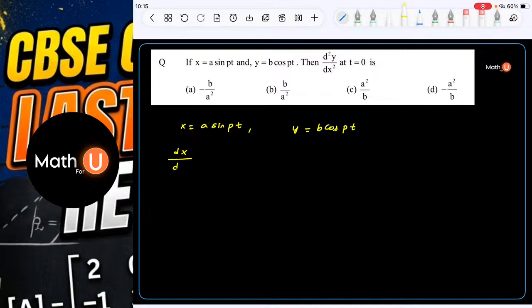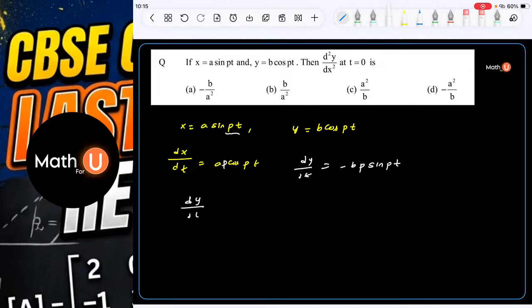Differentiate with respect to t, we get a cos pt, and again for pt differentiation, you should apply the chain rule, so p comes out. Again dy by dt, here we get minus bp sin pt.